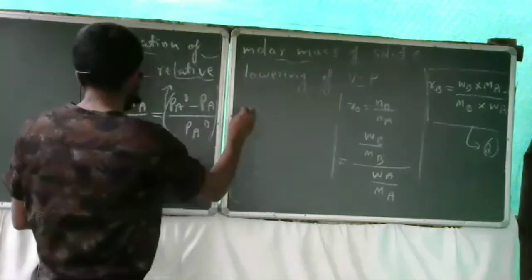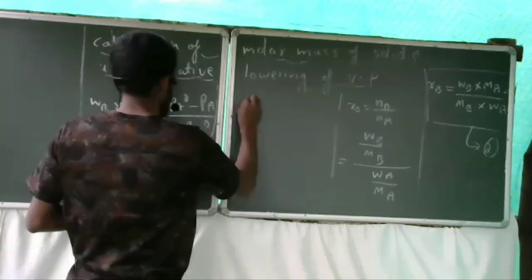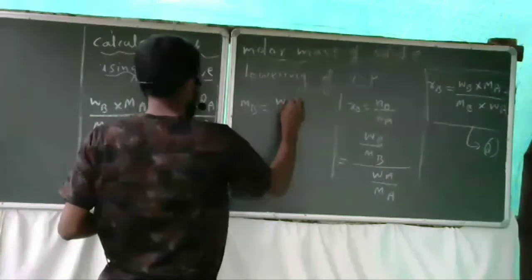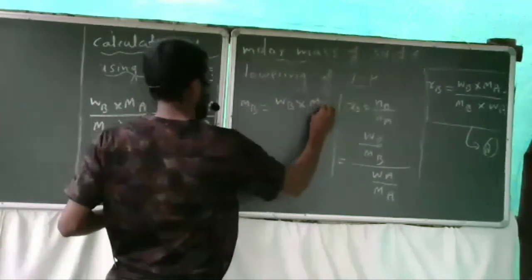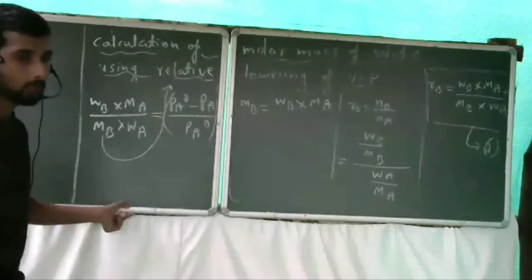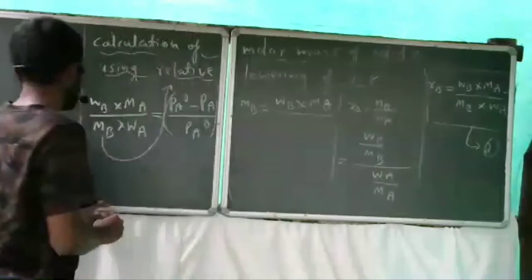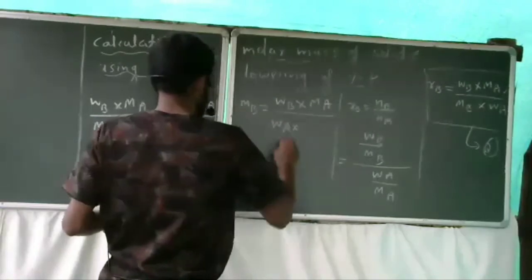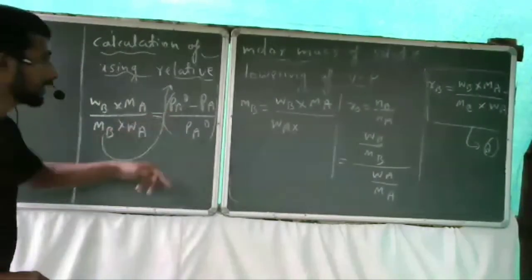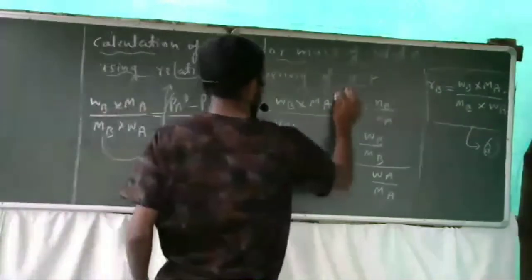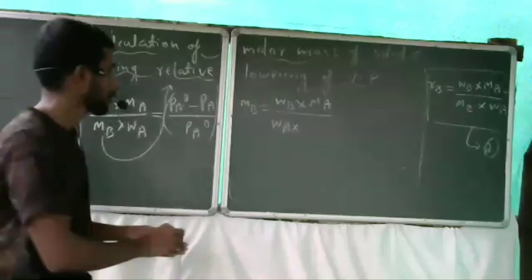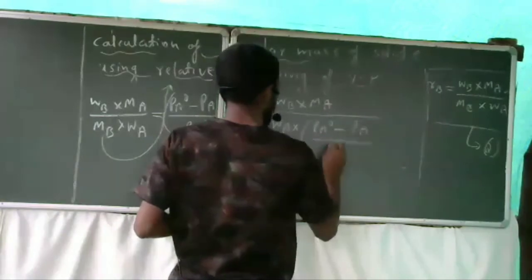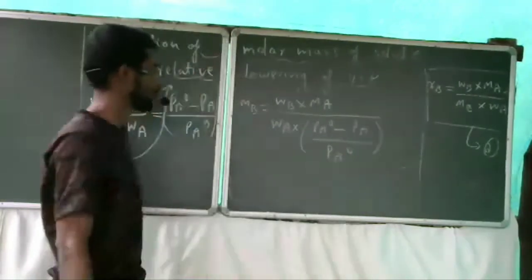So that we'll get Mb equal to Wb into Ma divided by Wa into the complete term, that is PA naught minus PA divided by PA naught, right?